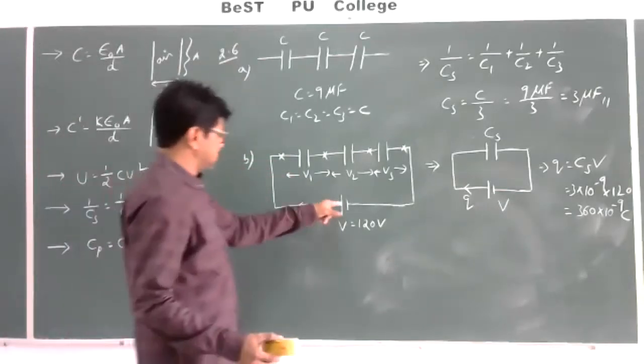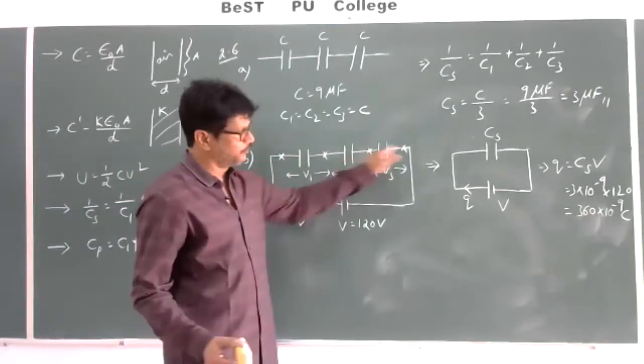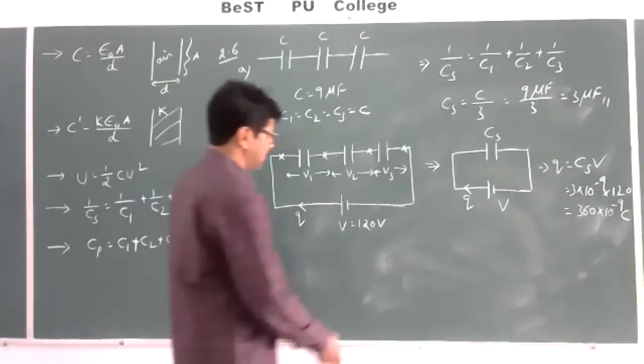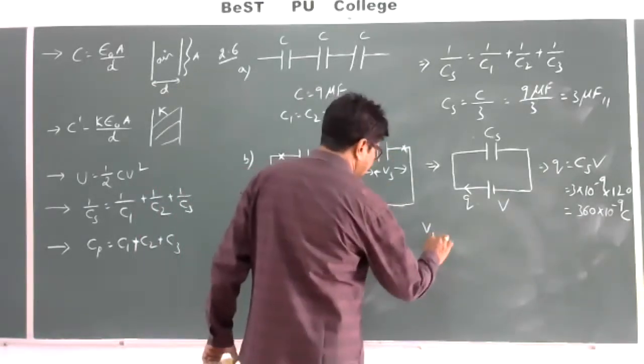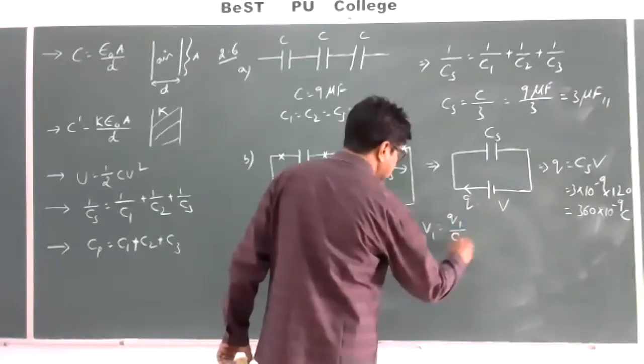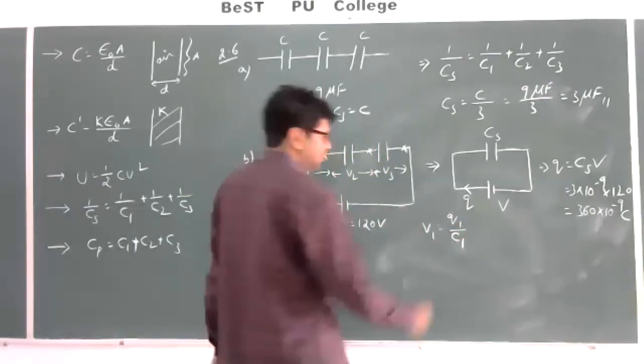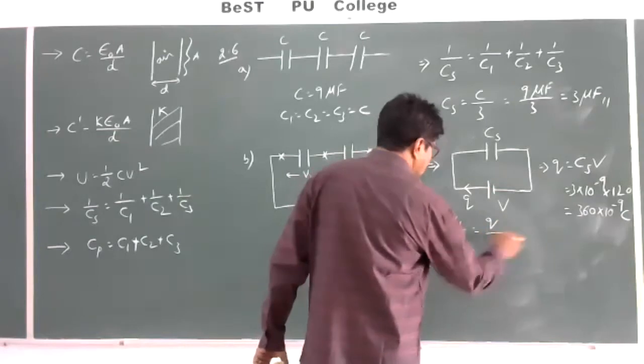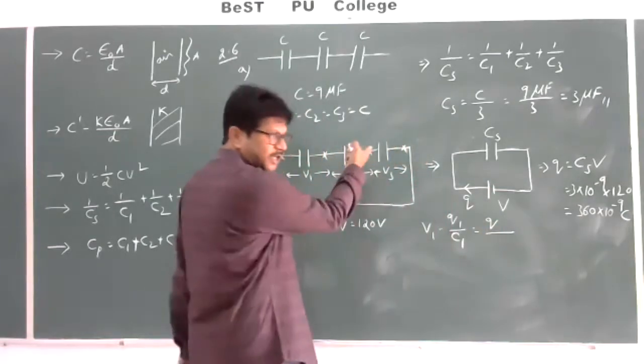In a series combination, the same charge will flow. Then V1 is equal to Q1 by C1, where Q1 is equal to Q only, because of the series combination the same charge will flow.